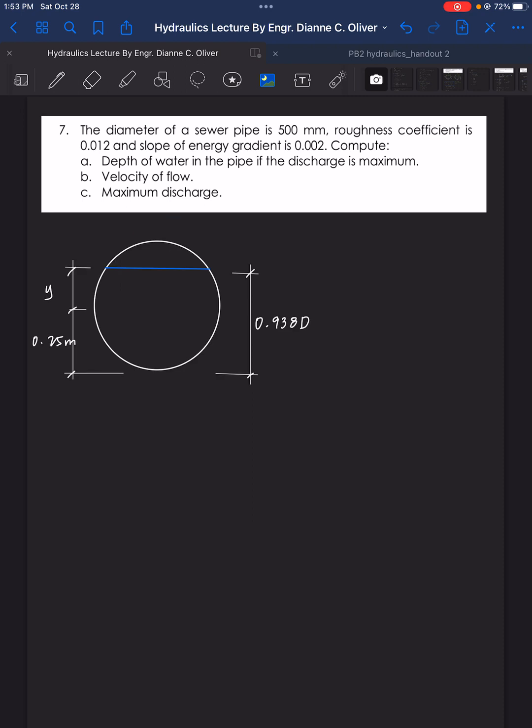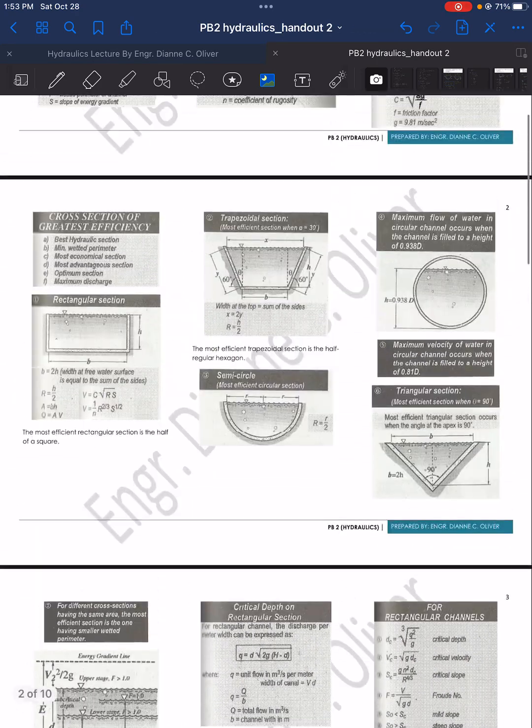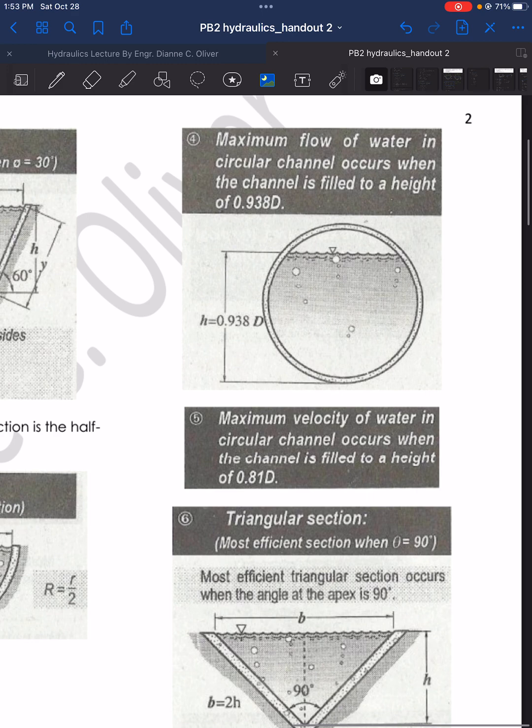Now, what is the depth of water in the pipe if the discharge is maximum? There's already a formula in our handout, so there's no need to use maxima and minima if you can memorize it.